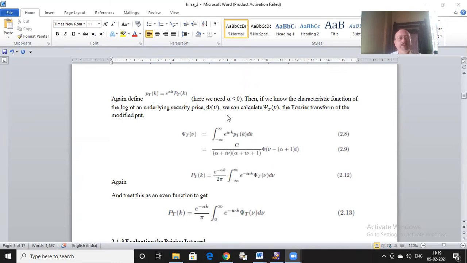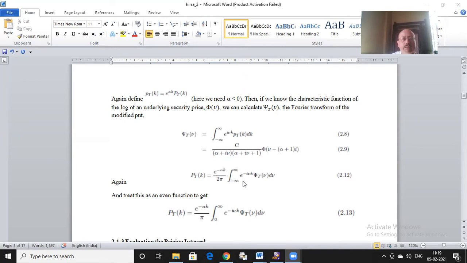We know phi of nu, so I will write psi, the characteristic function of the put, in terms of phi, and using the same type of tricks, we will have equation 2.9. Equation 2.9 relates the characteristic function of the put price with that of the log stock price, phi.